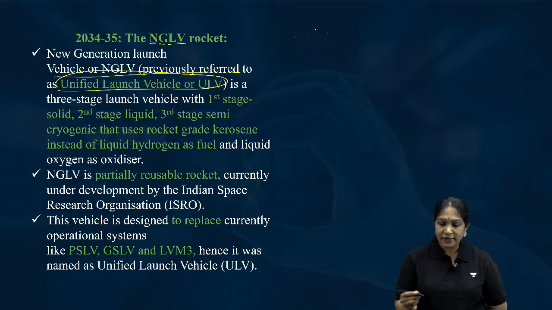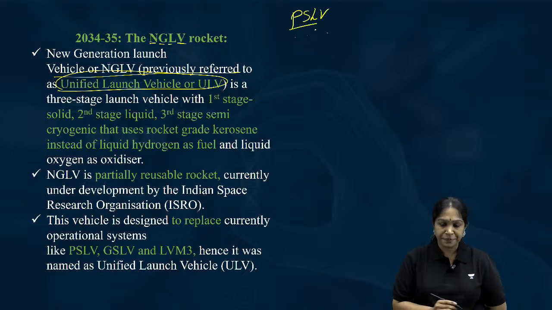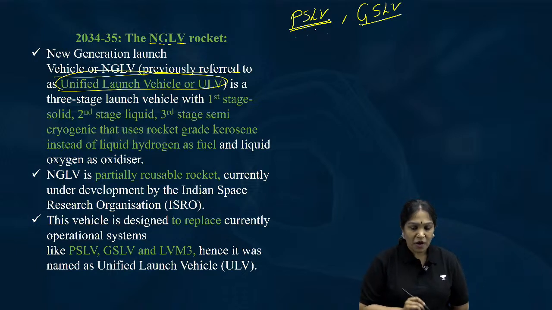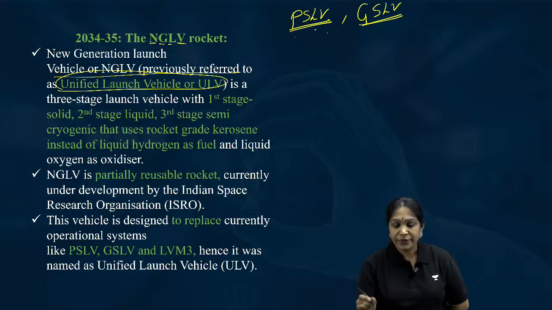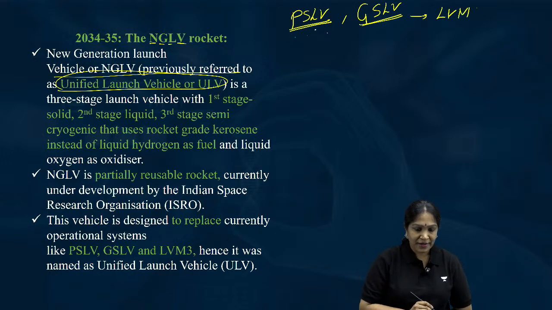You all know that currently we have PSLV. We call it the workhorse of ISRO. And we have GSLV. It is called the Fat Boy or also the Bahubali of ISRO, which is now renamed as LVM-3, Launch Vehicle Mark III.